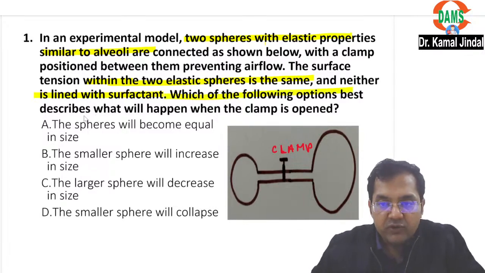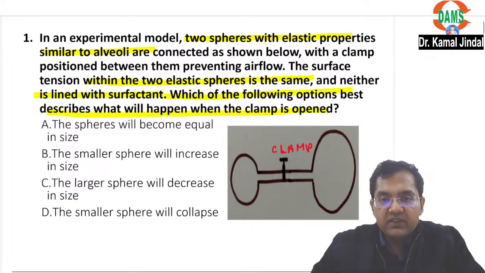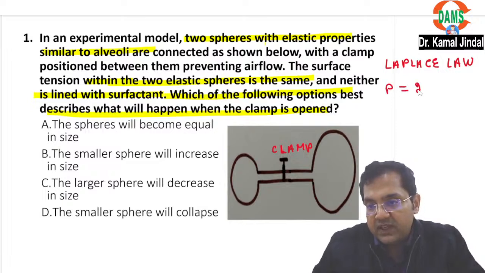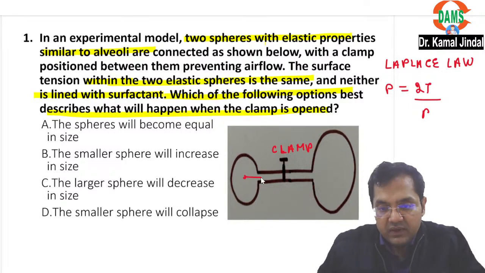So which of the following options best describes what will happen when the clamp is opened? Remember, this question is based on Laplace law, right? Or the Laplace law as we popularly call. And this we also know is written as P is equal to 2T upon R. Remember, this smaller sphere has a radius R1.